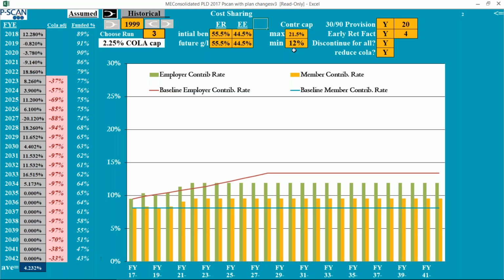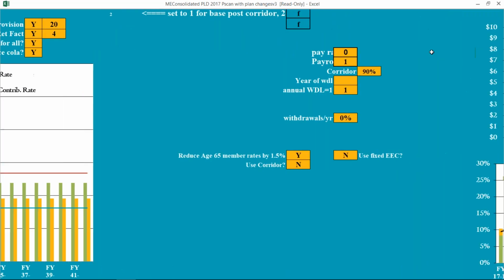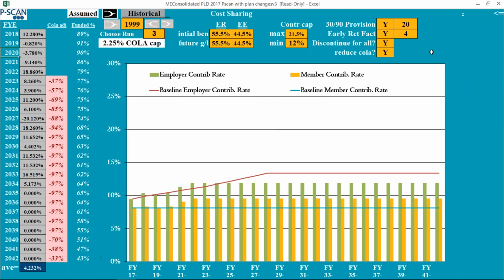We could have stress tested different contribution caps, or different benefit levels, early retirement reduction factors. And to the far right, there are several other variables, and Sandy's right, we could also put in mortality. So pretty much everything under the sink you could stress test. It depends on what the most important issues are for a particular pension plan. And once you determine those, you build the tool to stress test those most important elements or variables for that plan.